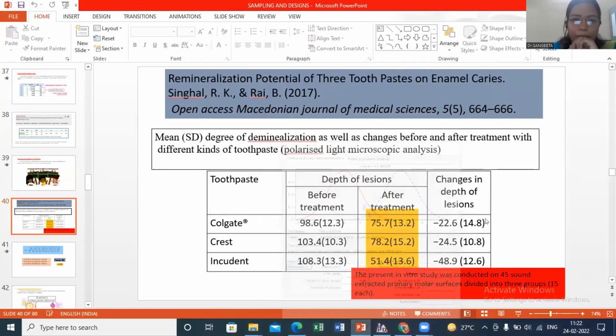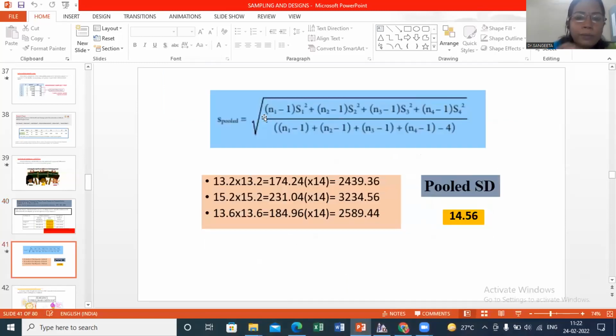This is the formula. So how many samples did group 1 have? 15. So we are going to take 15 minus 1 into the standard deviation of the first group squared. That is 15 minus 1 is 14. Then again 14 into the standard deviation of the second group, the whole square. Then 14 into the standard deviation of the third group squared.